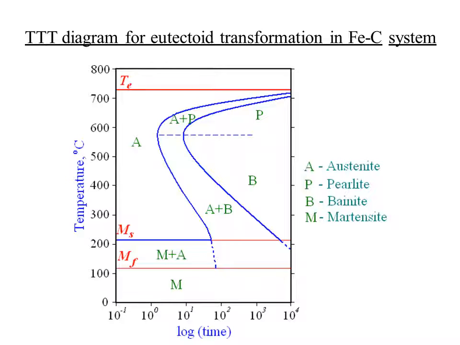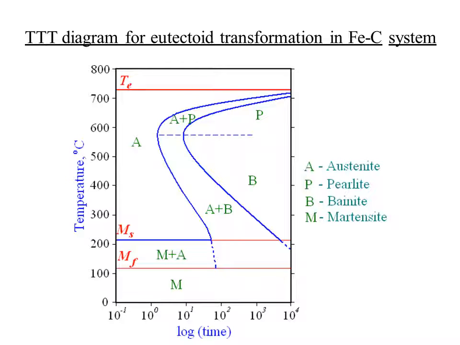Similarly, at a temperature of 300, you can see that it remains austenite, and when time goes on, it becomes bainite, the letter B. But in between, they remain in the state of austenite plus bainite. When you reduce the temperature further, they become martensite plus austenite. Complete change to martensite happens at low temperatures.